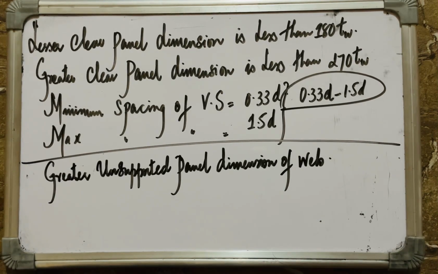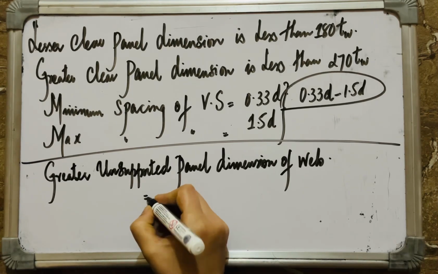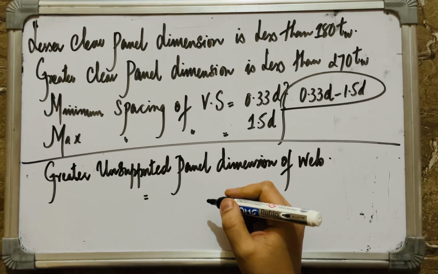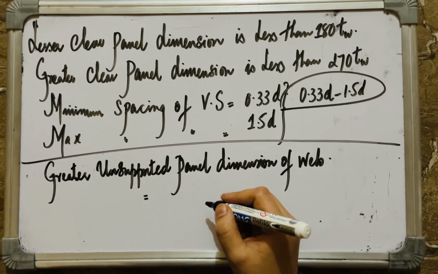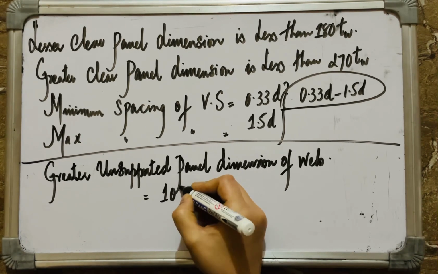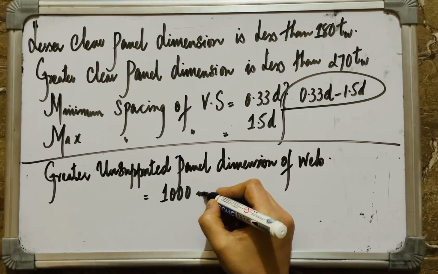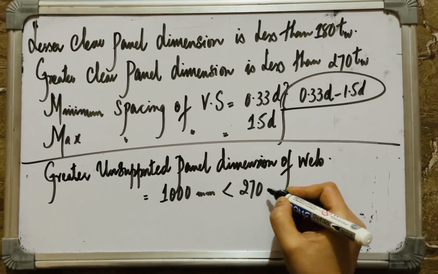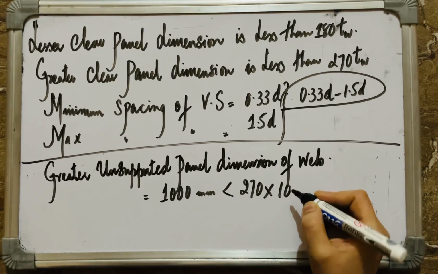The greater unsupported panel dimension of the web should be less than 270 times the thickness of the web. That means 1000 mm should be less than 270 multiplied by the thickness of the web. How much? 10.